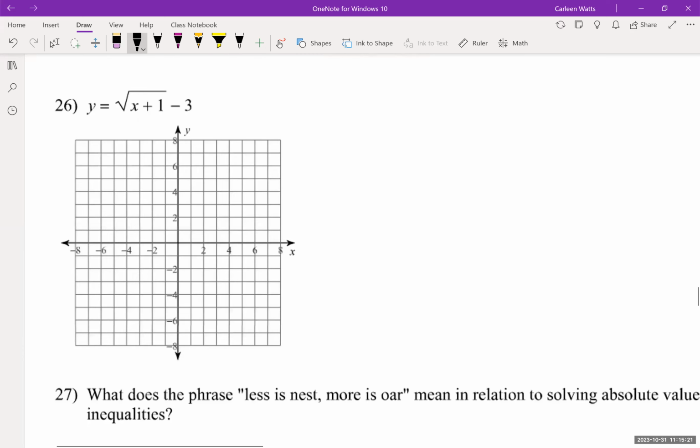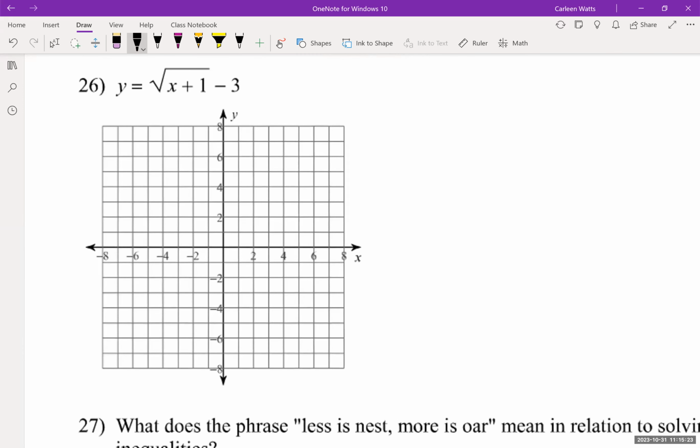Okay, number 26, parent. So x squared makes a u. Square root makes a sleeping u. X squared hugs the y-axis.